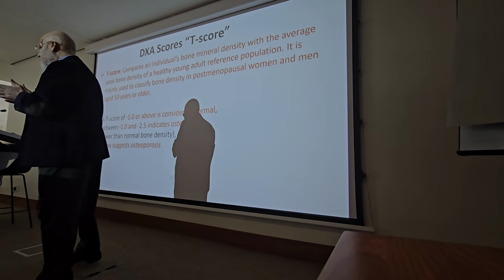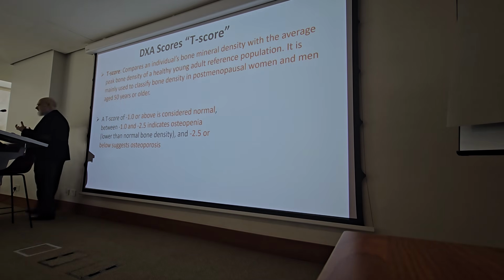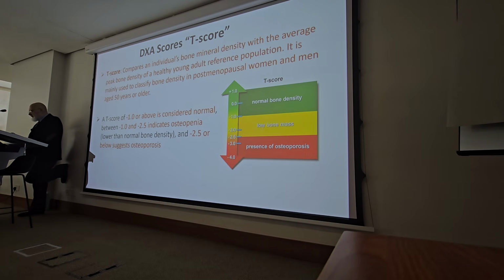So what we give here with the T-score is a comparison to what's supposed to be the peak mass of your middle age or average age. Here is just a graph. The low bone mass would be between -1 and -2.5. 2.5 is the gold standard. Everybody accepts this across the world. With the DEXA T-score, if you get -2.5, you are osteoporotic.